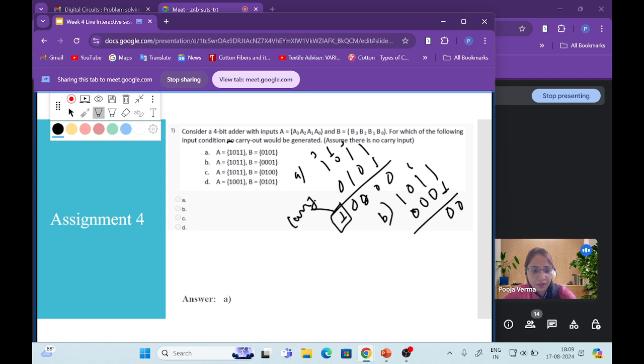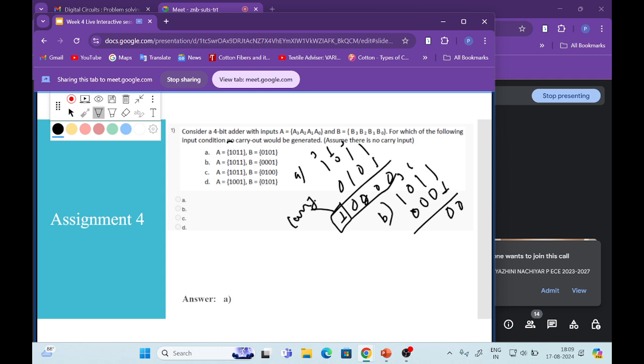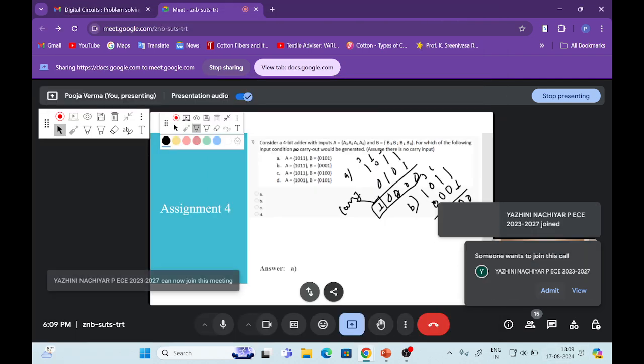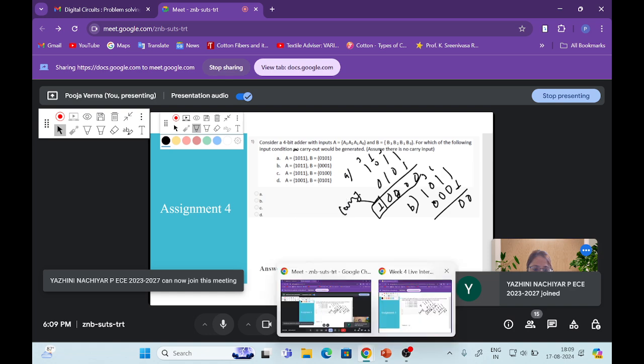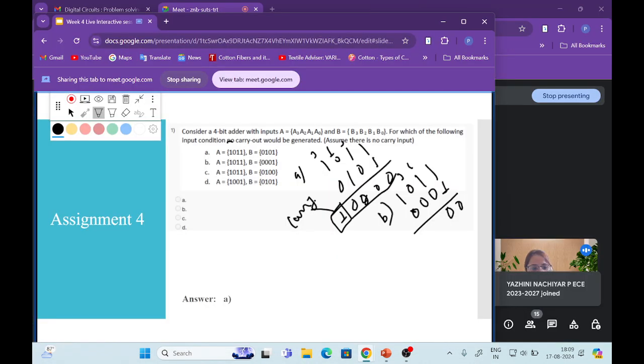Again 1 1 0 and the carry is propagated to the next bit. And there is 0 0, so 0 plus 0 is 0 and 1 carry is there, so 1 will be there. Okay, and again 1 and 0 is 1, so there is no carry.